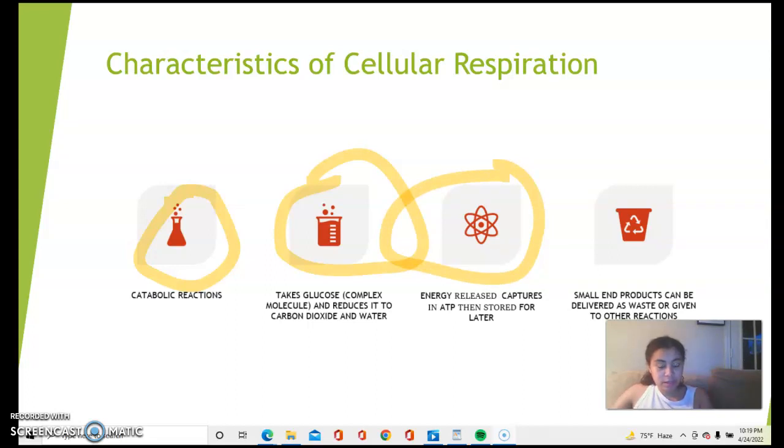Cellular respiration is an example of one of the catabolic reactions. The energy will be released in the ADP and then stored for later, and the end products can be delivered as waste and then given to other types of reactions.